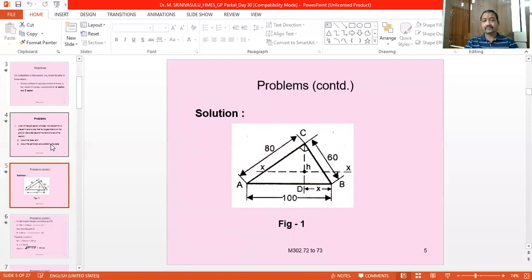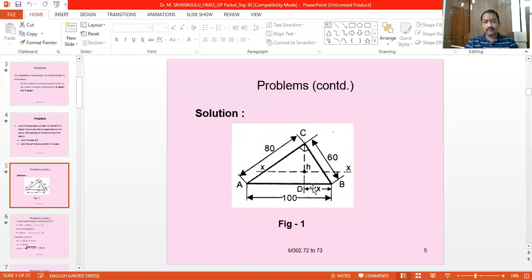Now, it is not a right angle triangle. However, we have to find the distance. The centroid of this triangle is located at this point here. This is H, the distance between the vertex C and the perpendicular to the side AB, that is, CD is the height.